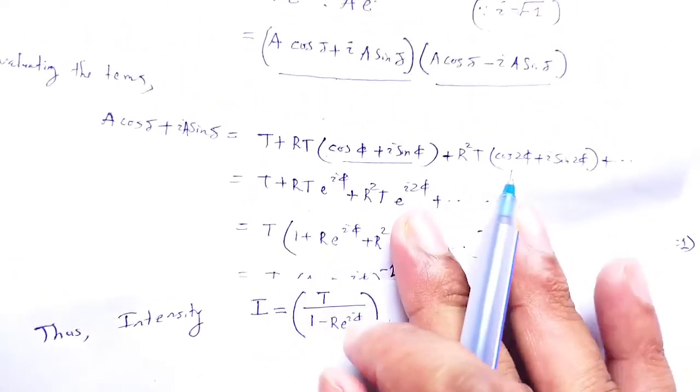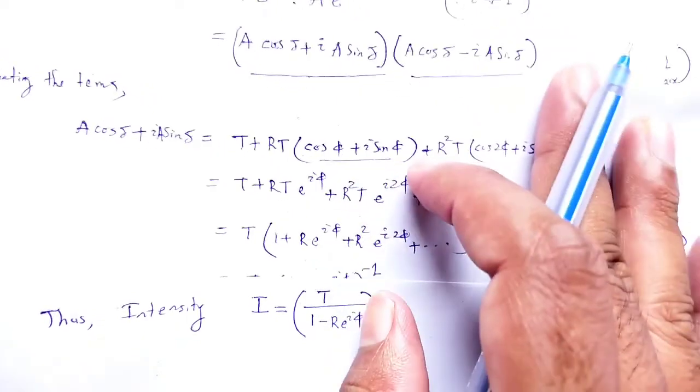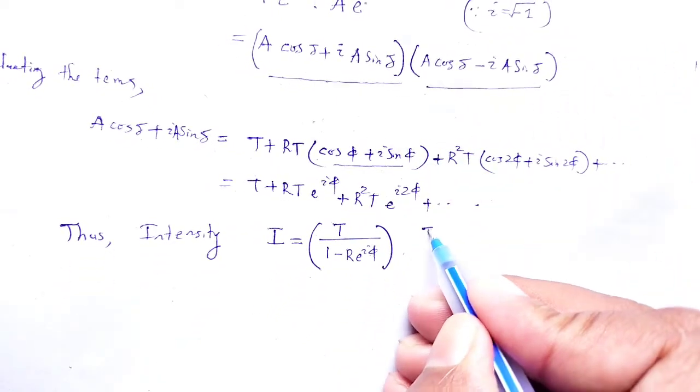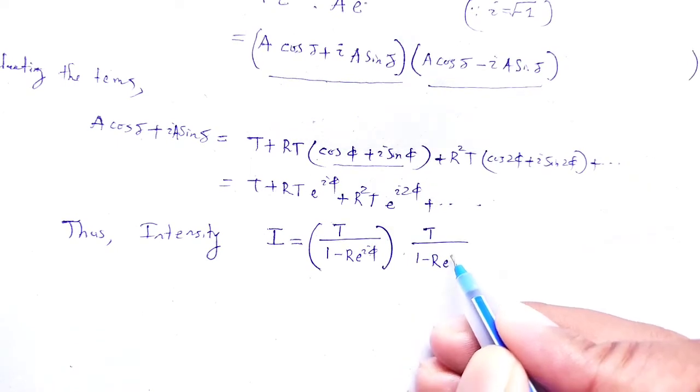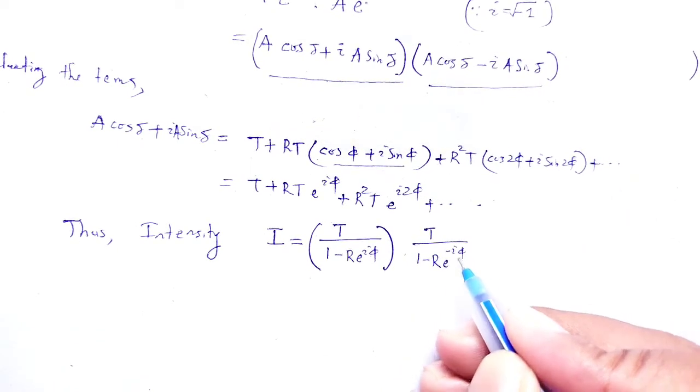Again, the value of a cos delta minus i a sin delta is T divided by 1 minus r e to the power minus i phi.